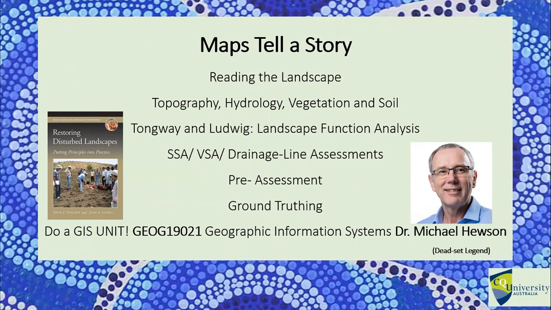So for example, you can use features that will show you the topography of the landscape, the hydrology of the landscape, the vegetation, including regional ecosystems, and soil, as in Australian soil types. So this aligns very closely with the textbook you'll be reading for this unit, and with conducting a landscape function analysis.